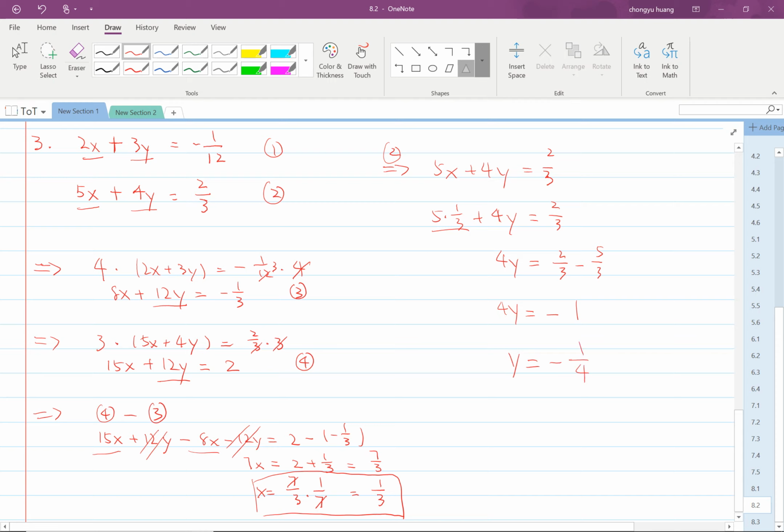Let me take a look again. Yes. As you can see over here, we also got a unique solution, which is x equal to 1/3 and y equal to negative 1/4.